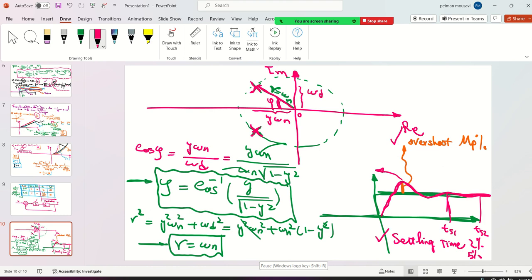Okay? Then I'm going to talk about the dominant poles, and then I'm going to go to defining Kp, Kv, Ka, static position error, static velocity error, static acceleration error, and then we continue, hopefully, with stability criteria.